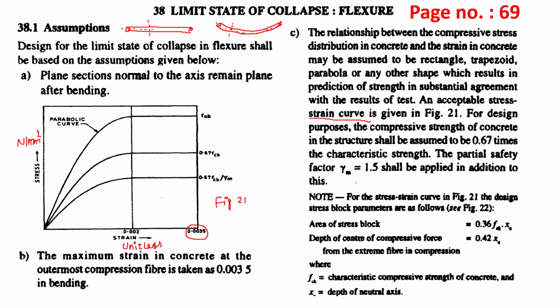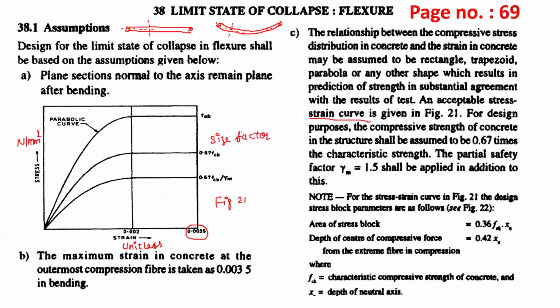For design purposes, the compressive strength of concrete in the structure shall be assumed to be 0.67 times the characteristic strength. Here we are going to reduce it to 0.67, which is nothing but a size factor.